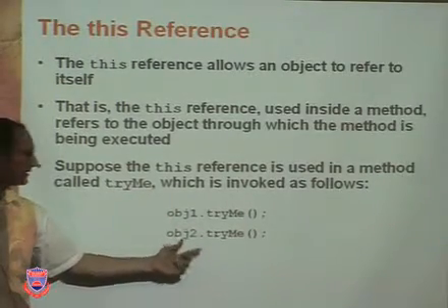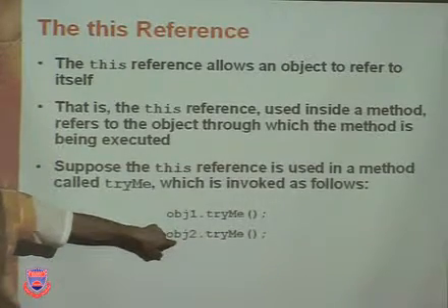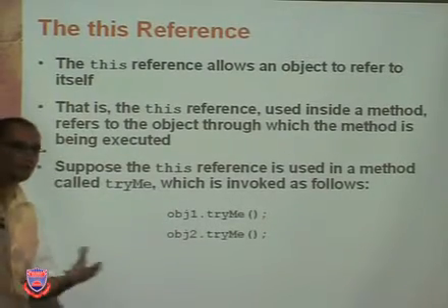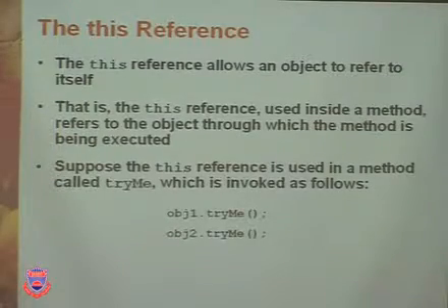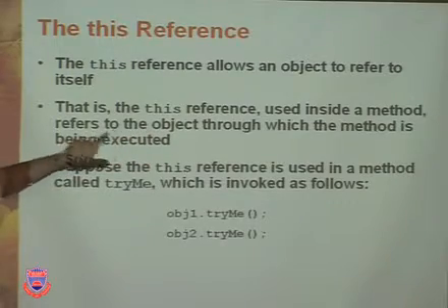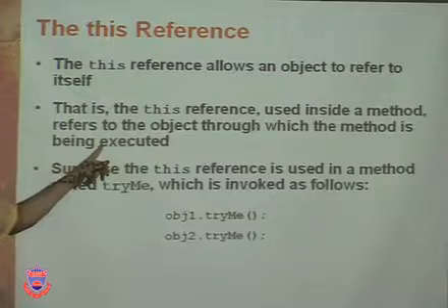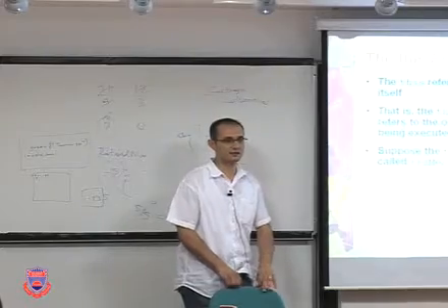If you use this within, for example, object 2's tryMe, in this case, this refers to object 2. Okay? So whenever you have a this call, that means that it is referring to the object that it is actually running on. So this is important. The this reference used inside the method refers to the object through which the method is being executed. What is the main place that you have seen this before?